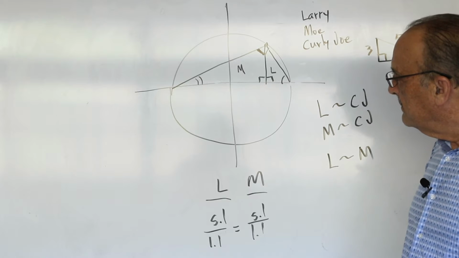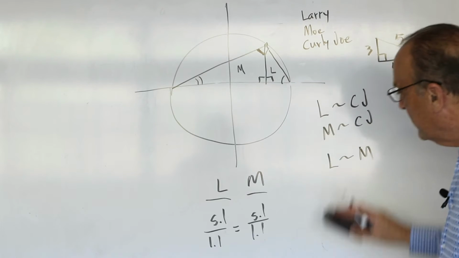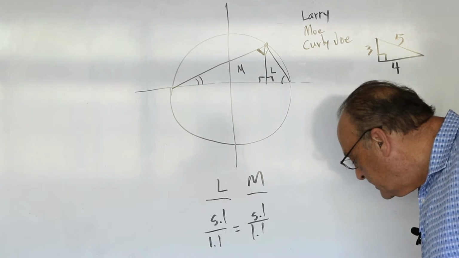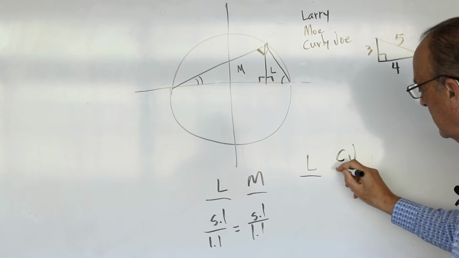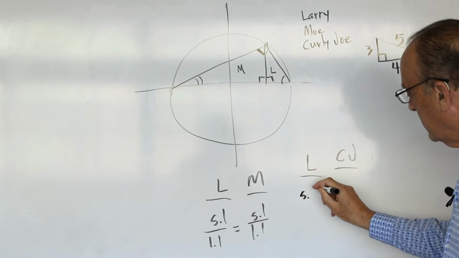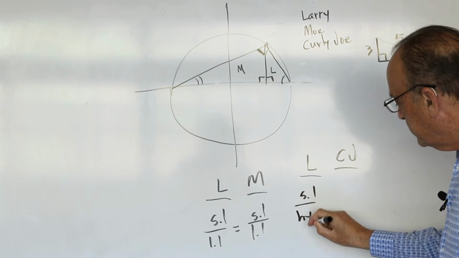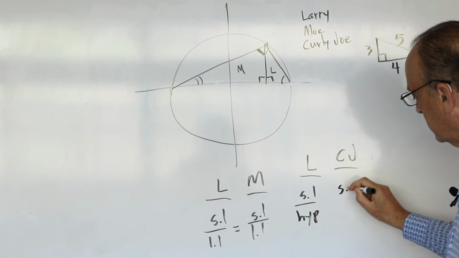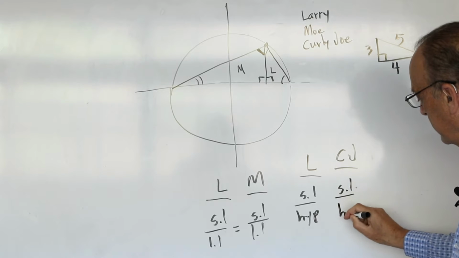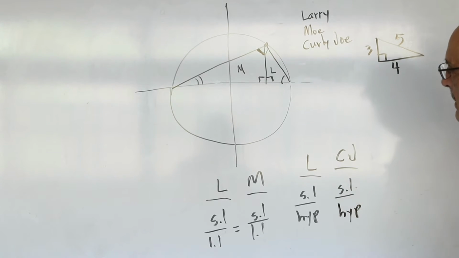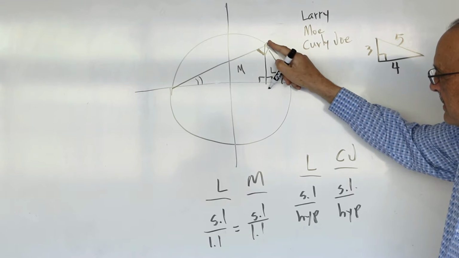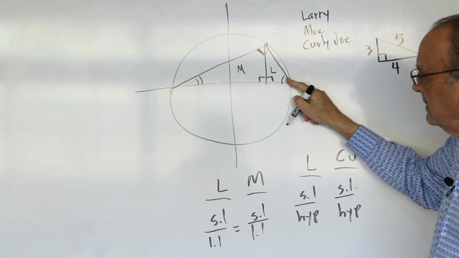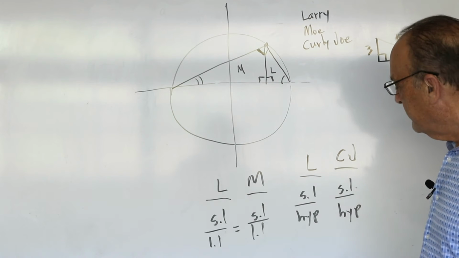We can do the same thing with Larry and Curly Joe. We can look at short leg to hypotenuse here, and short leg to hypotenuse here. So the short leg of Larry is to the hypotenuse of Larry, as the short leg of Curly Joe is to the hypotenuse of Curly Joe.